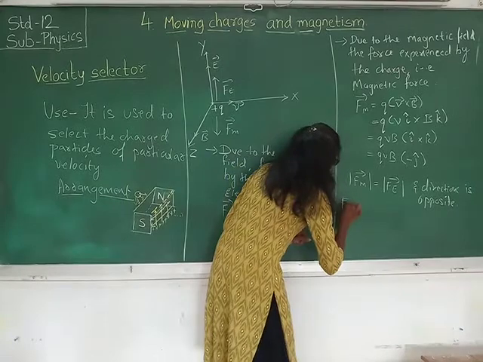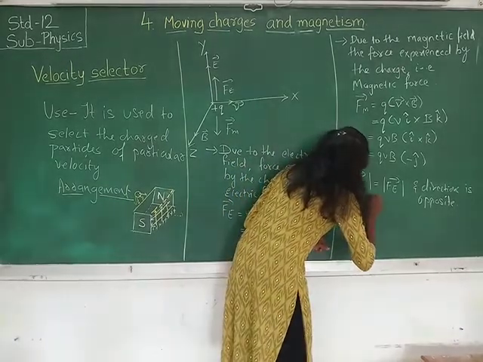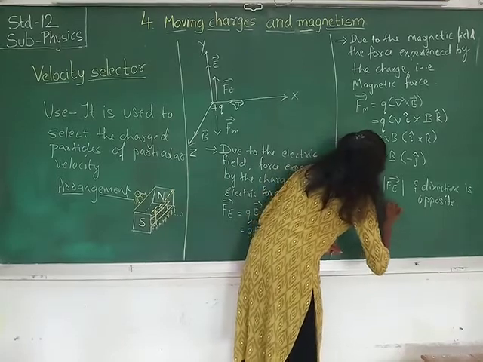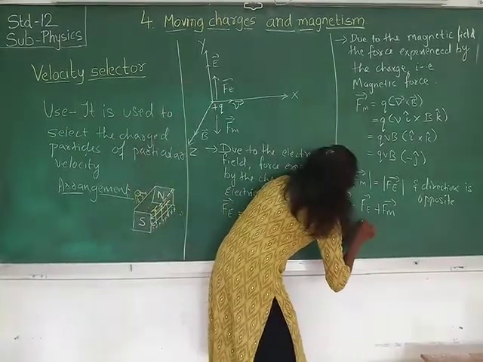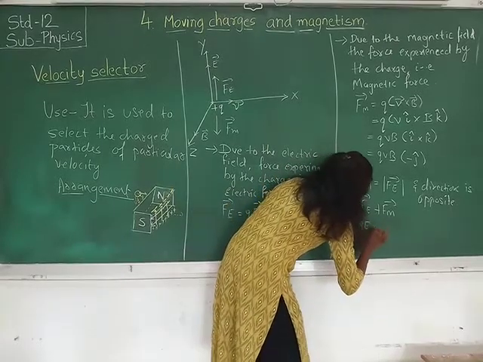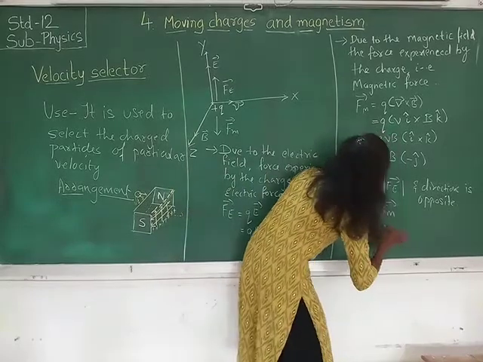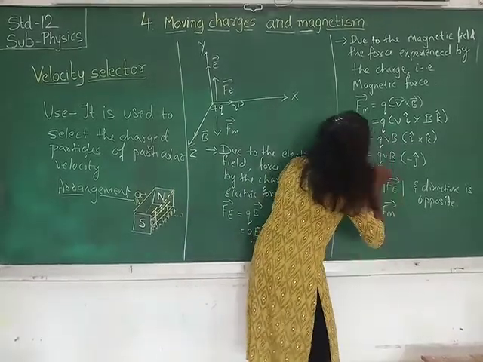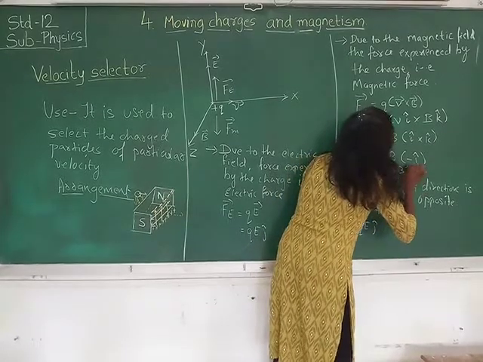So let us write it as total force F vector is equal to F_e vector plus F_m vector. F_e vector, that is what? That is qE j cap, and F_m, that is what? Let me write it one step away, that is qvB j cap.